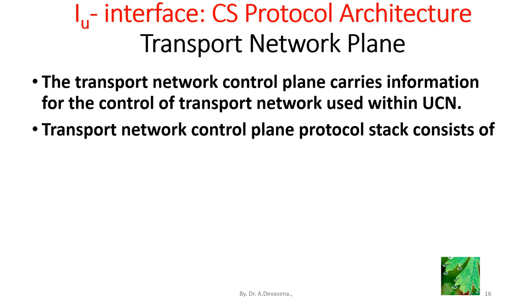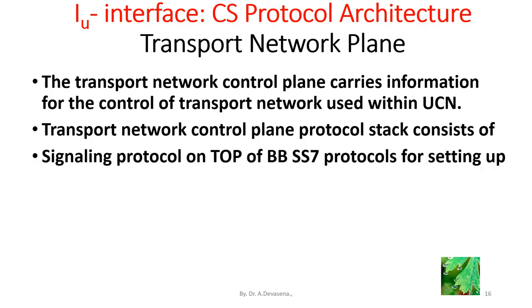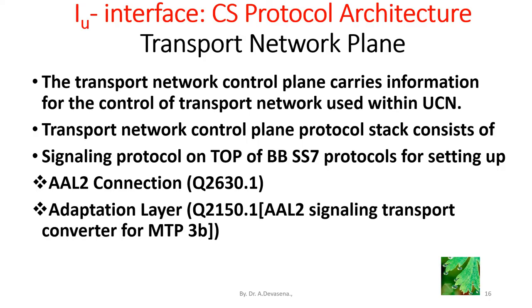Transport network control plane protocol stack consists of signaling protocol on top of BB SS7 protocols for setting up AAL2 connection, that is Q.2630.1, adaptation layer, that is Q.2150.1, that is AAL2 signaling transport converter for MTP3B.